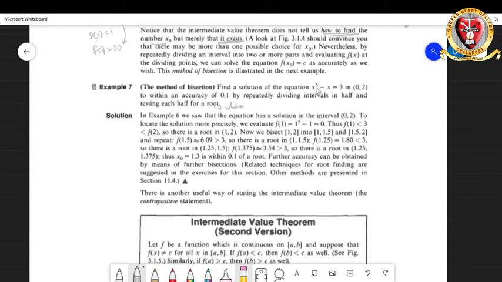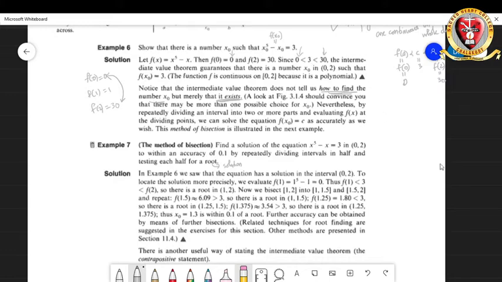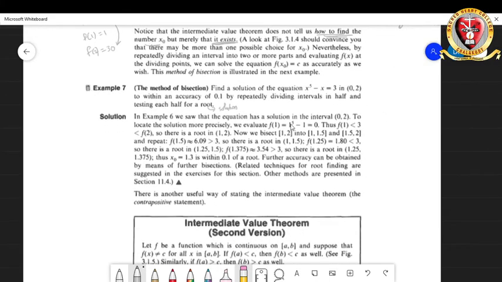You have to find a value of this x such that this is happening. In example 6, we saw that the equation definitely has a solution inside the open interval 0, 2. So you have to locate the solution more precisely.